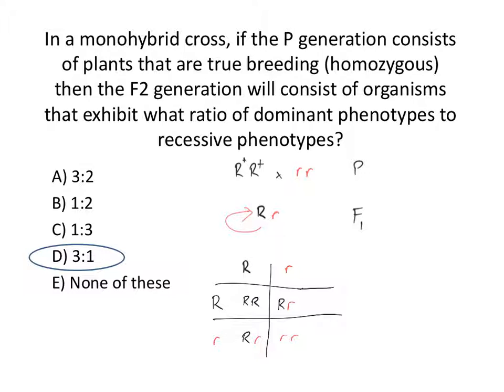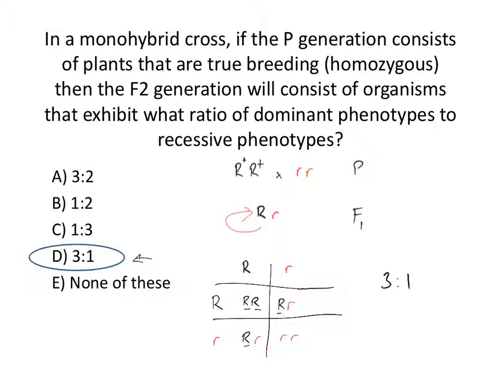Now, in terms of the phenotype, we have at least one copy of that dominant allele. And so therefore we will have 3 plants exhibiting the dominant phenotype for every 1 plant that has a recessive phenotype. So hence the reason why D is the answer here.